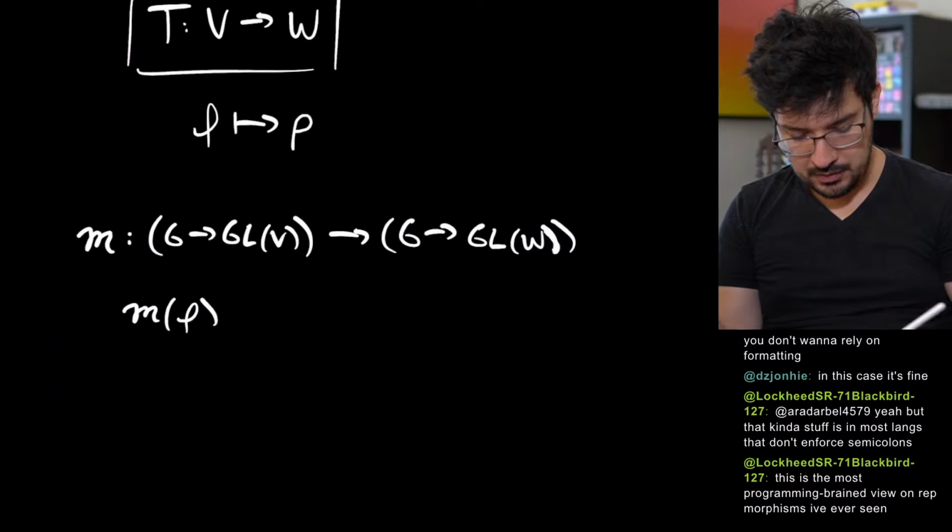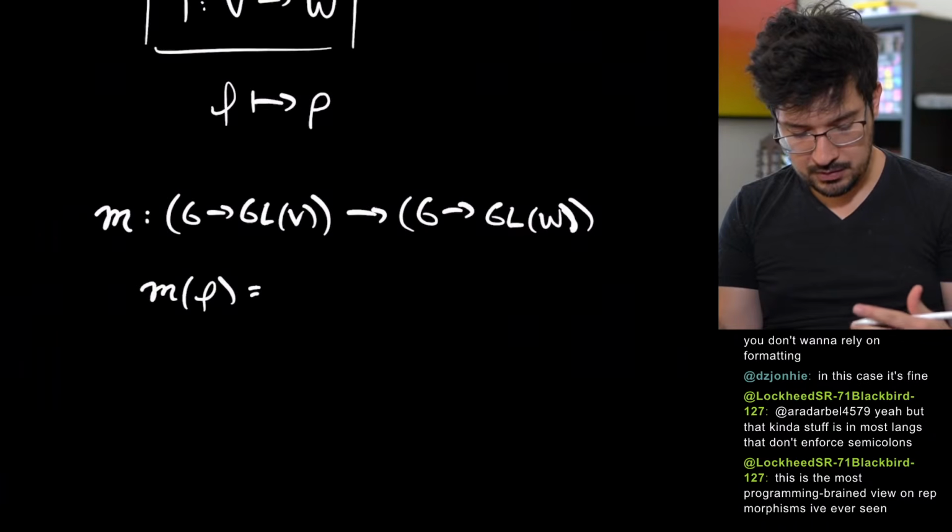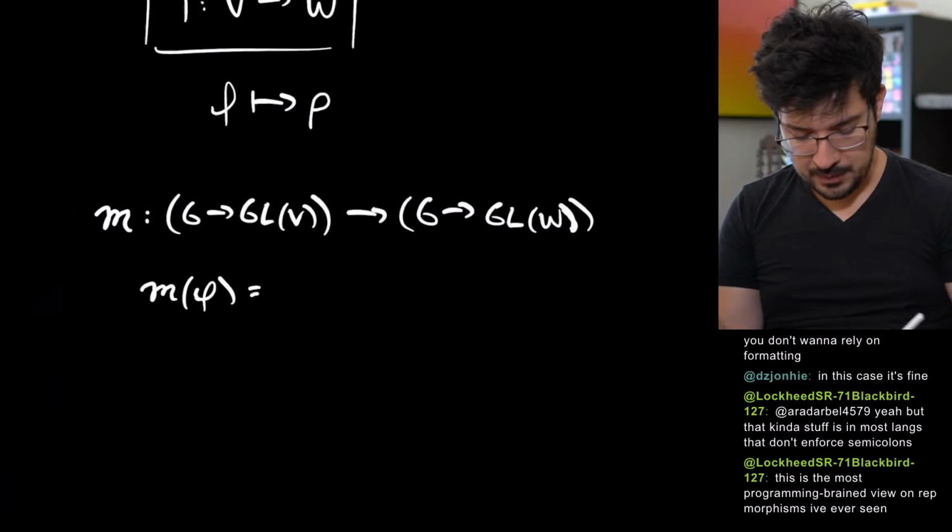So if I give the morphism phi, it returns another morphism rho.